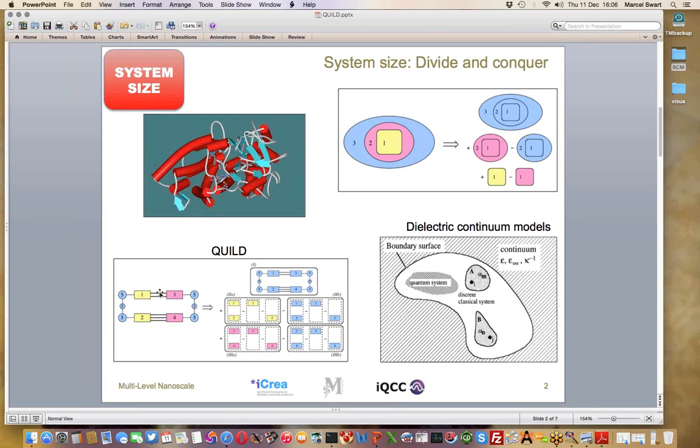So we did something tricky. We did something very specific for QUILD. I don't think there's any other multi-level scheme which will actually do this. Instead of subtracting a whole system, we simply subtract the interactions between these two regions. So we have region 1, base 1 and base 2, which have stacking interactions.